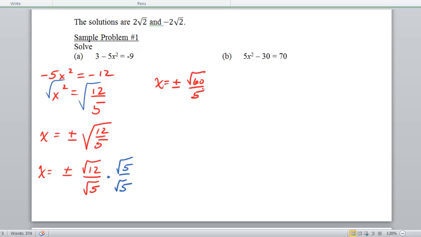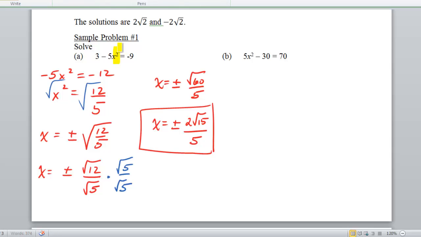Lastly, we have to simplify the square root of 60, which is going to give us plus or minus 2 times the square root of 15 over 5. And that will actually cover both of our solutions because we have the plus or minus sign with the answer. So that gives us a positive and negative version, which gives us 2 solutions, which satisfies our degree.